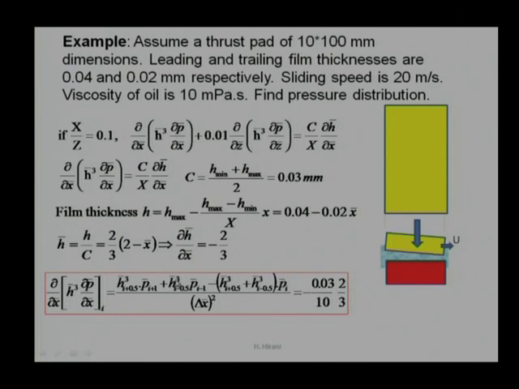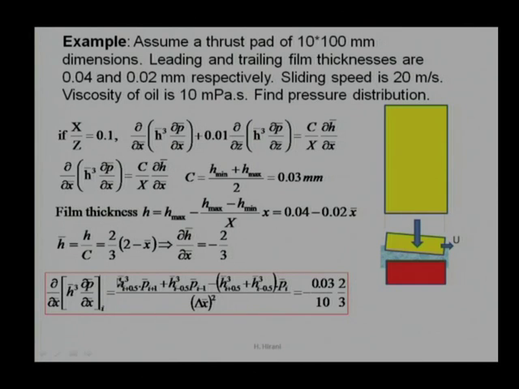Similarly, h bar cube at i minus 0.5 times p i minus 1. This will be a summation involving the film thickness at i plus 0.5 and i minus 0.5, and h cube at this node.